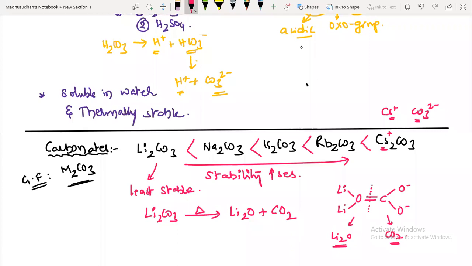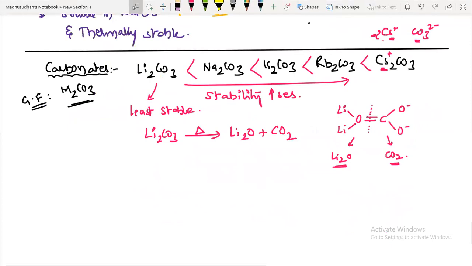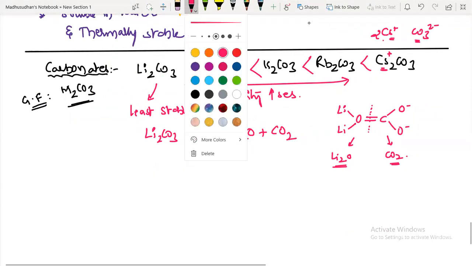No, Cs2 plus is not possible with first group elements. So you take 2 moles here, then the charge will balance. Understood now? First group elements will not form a +2 charge.